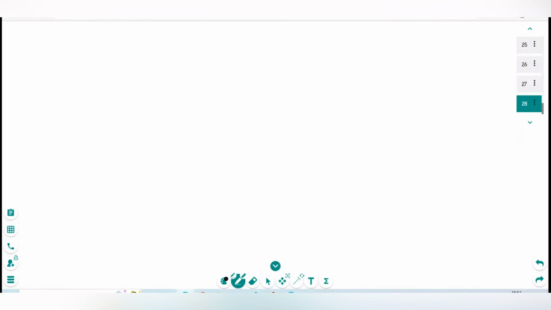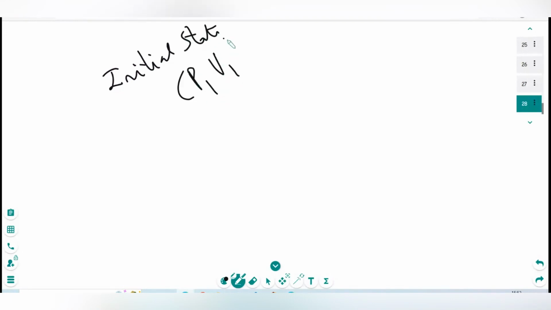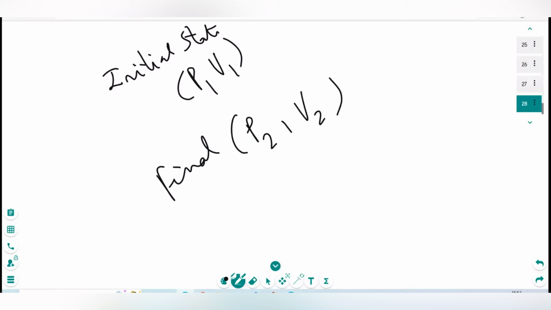Okay. Now, we will do one small example. Very small example, just to understand what we did just now. Suppose there is a system whose initial state is P1 and V1, and this is the final state, that is P2, V2.